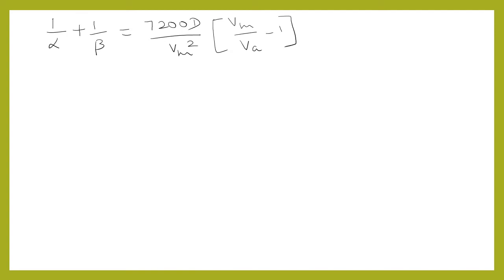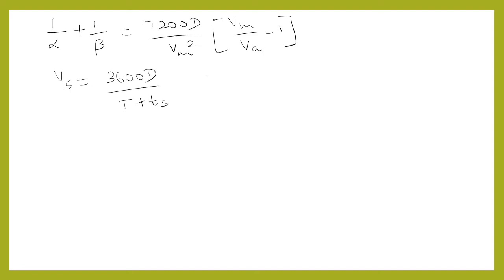So the value Vm by Va is known, but we have to find the term Vm, the maximum speed. We have the scheduled speed given, that is 3600 d by t plus ts.